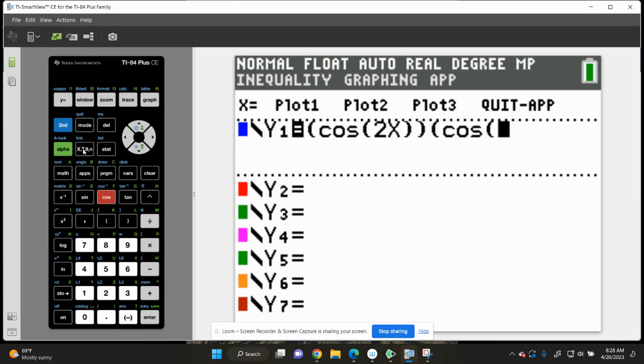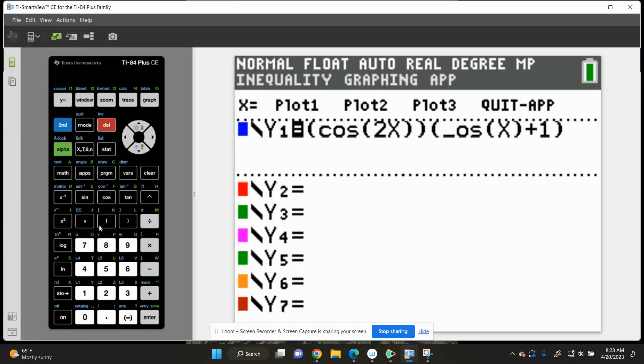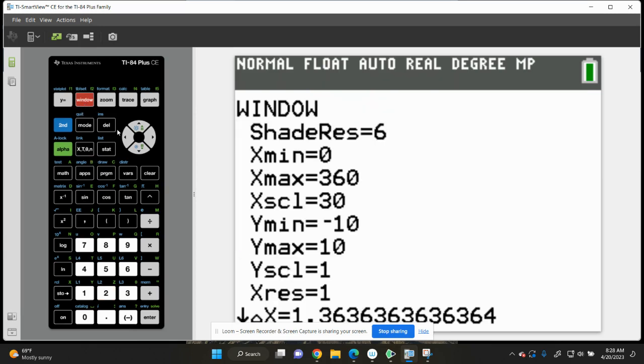Times cosine x plus 1. What mode should I be in? Degree. Okay, let's look at our window. What should our window be?